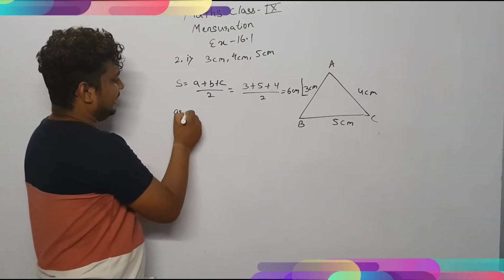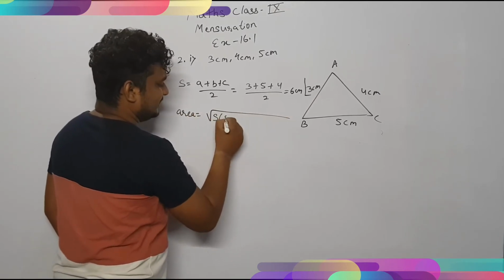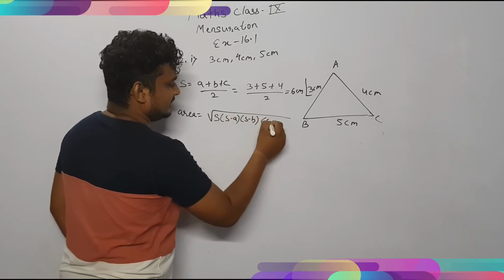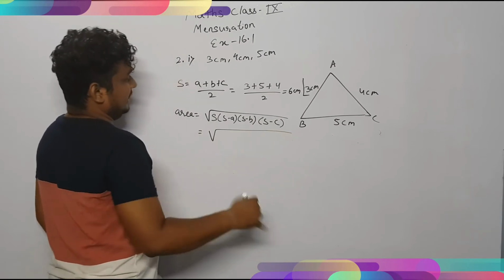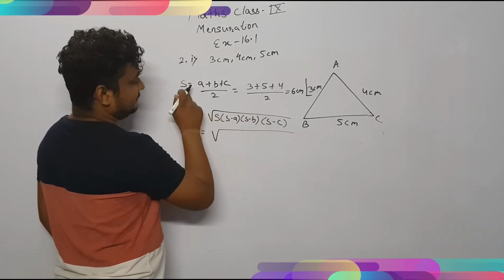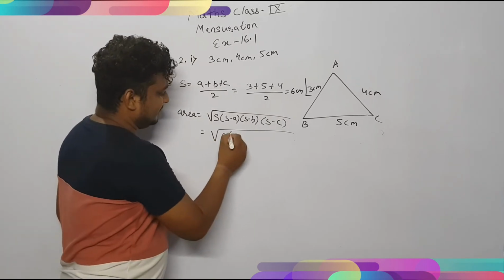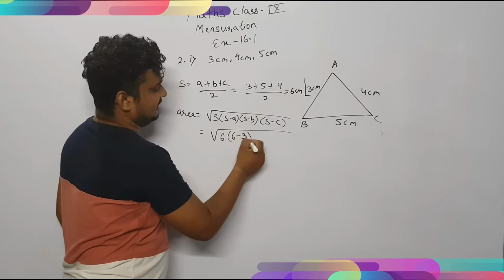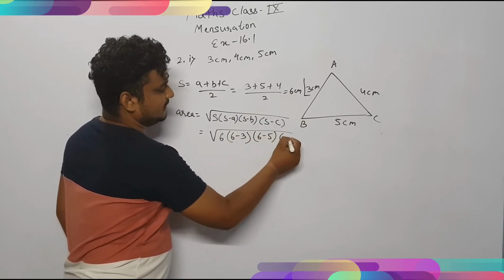So the formula for the area is root over s minus a, s minus b, s minus c. What is s? The value of s we have found over here is 6 centimeter. So 6 minus a, let a be 3, 6 minus 5 and 6 minus 4.